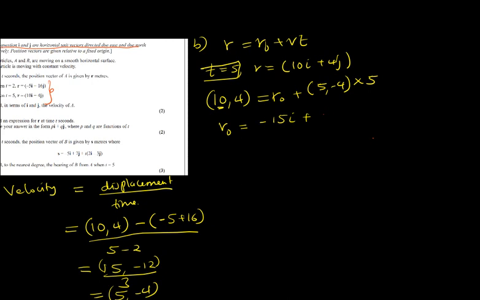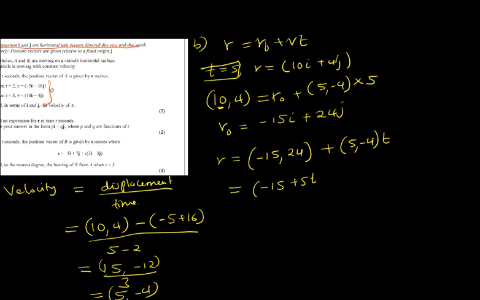If you bring it to the other side, you're going to have 24j. So r naught is -15, 24, plus v, that is our constant velocity, 5, -4, multiplied by t. So we can separate this in terms of the i components and j components. This gives us (-15 plus 5t)i, then plus (24 minus 4t)j.